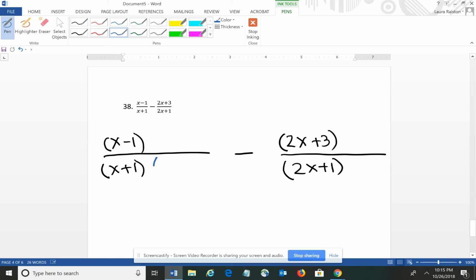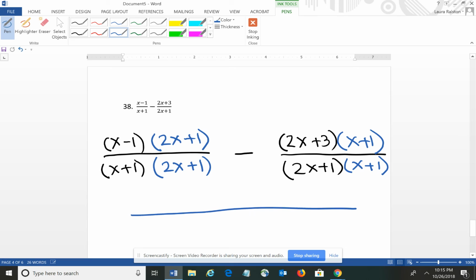So if I add the 2x plus 1 to the denominator, I have to also add it to the numerator. If I add x plus 1 to the denominator of the second one, I have to also add it to the numerator, so that I end up with a common denominator, which is my goal.